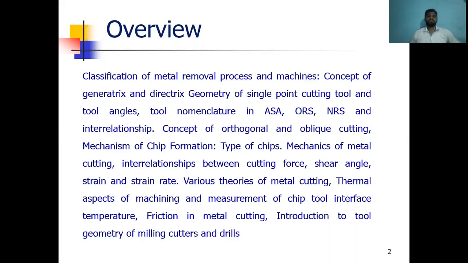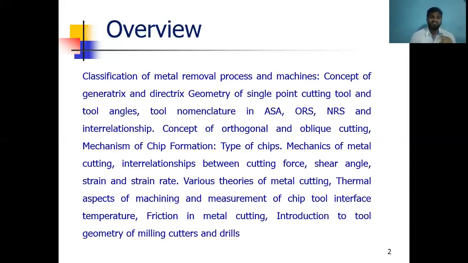So now, the basic fundamental processes in metal cutting and machine tools: the classification of metal removal processes and machines. What is the metal removal process and machines? The concept of Generatrix and Directrix, the geometry of a single point cutting tool and tool angles, and tool nomenclature.